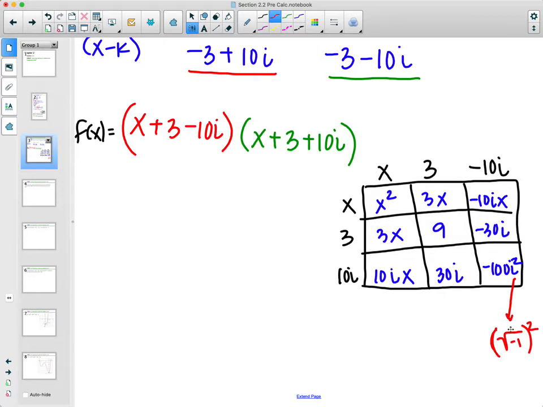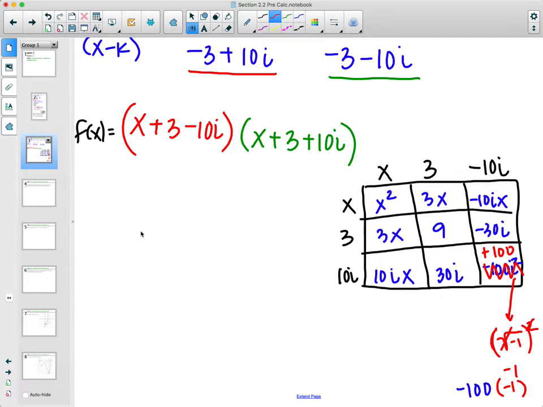Well, when we square this, the square root and the squared cancel, so i squared is just negative 1. So what we really have in this box here is negative 100 times negative 1, because i squared is negative 1. Negative 100 times negative 1 is positive 100. So that's actually positive 100.